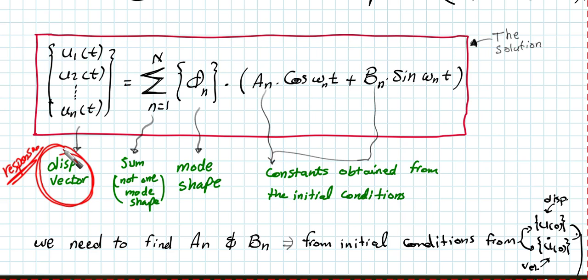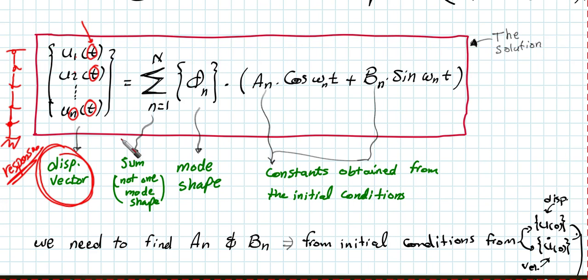This displacement vector consists of u1, u2, u3 until un, where n is the number of degrees of freedom that we have in our system. So 1, 2, 3, 4, 5, and whatever; it is n degrees of freedom. And here we have the variable t because we are changing with time. We want to describe the motion of this system at different times.